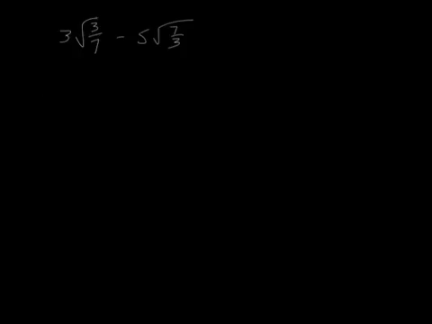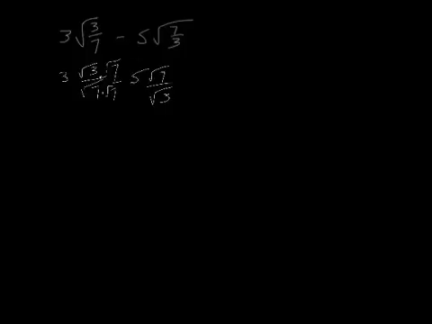This is example number 3, and we're asked to simplify. First, we're going to rewrite the radical signs so that they're under their own radical. Then I'm going to multiply top and bottom by the radical.